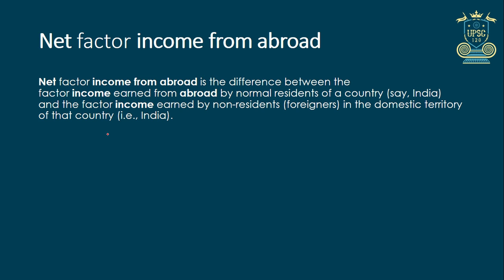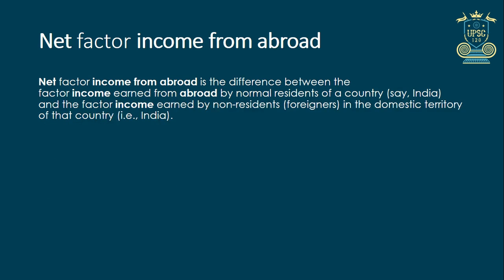So how much money Indian people from abroad are sending into India has to be added, and from that, the monetary value of final goods and services the foreigners are producing in India has to be deducted. If you do that, we get net factor income from abroad.